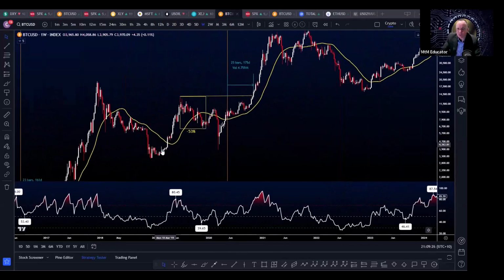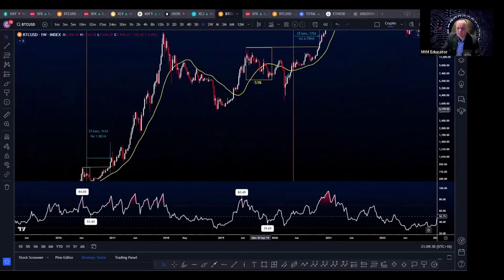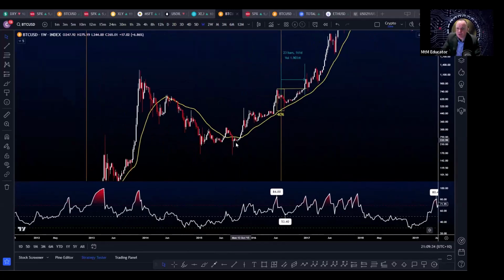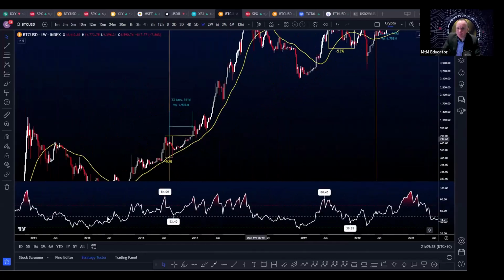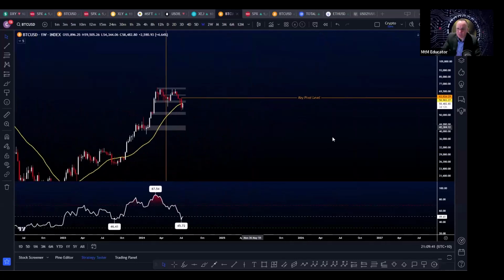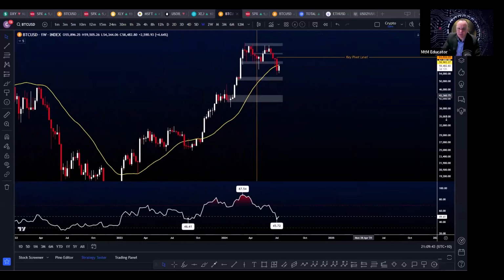So whether you had bought here, whether you had bought here, whether you had bought the COVID dip, even in 2016, that was your last big buying opportunity, because we never came back. So always understand that there is risk. There's no guarantees in life.